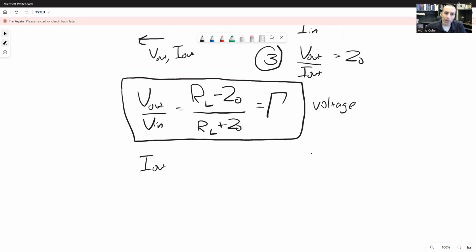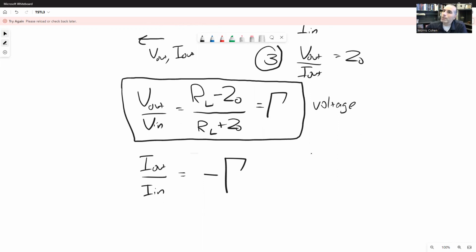I out over I in ends up being the negative value of gamma. So if your voltage reflection is +1, then your current reflection coefficient is -1. It's the opposite.